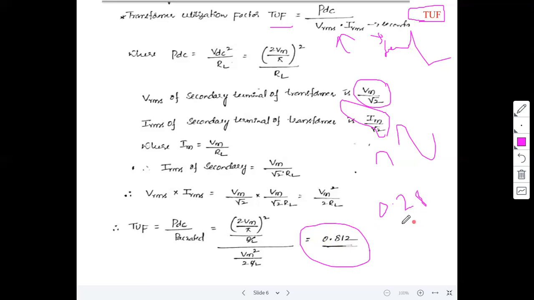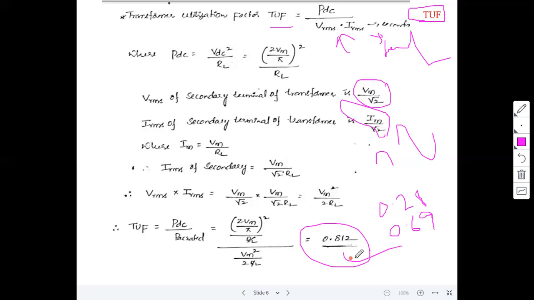This is for half wave rectifier. For full wave rectifier with center tap transformer, 0.69. Whereas in bridge rectifier, that is increased to 0.812. So in bridge rectifier, we are converting the maximum transformer input power into DC power, right?